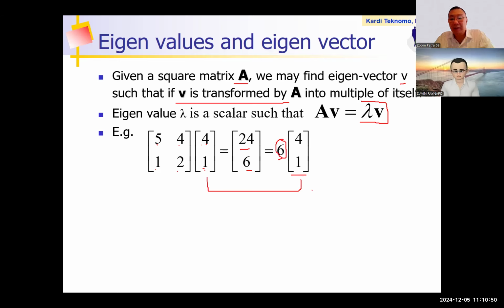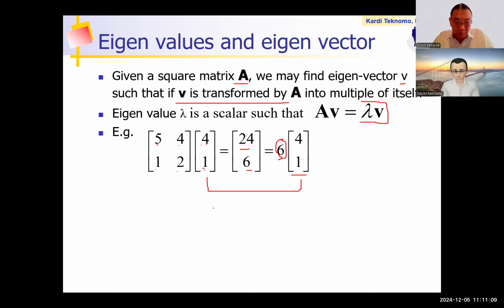Understand? Clear? So from any matrix, I can find eigenvectors and eigenvalues. How to calculate? A little bit long to calculate, but you can find them, as long as A is a square matrix.